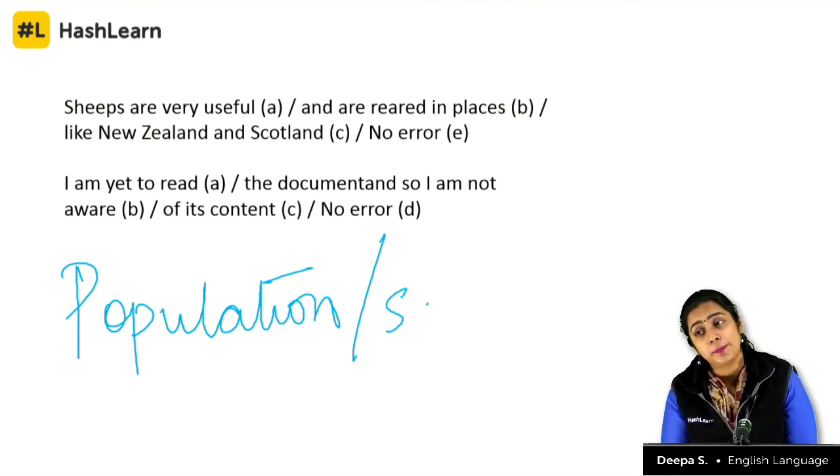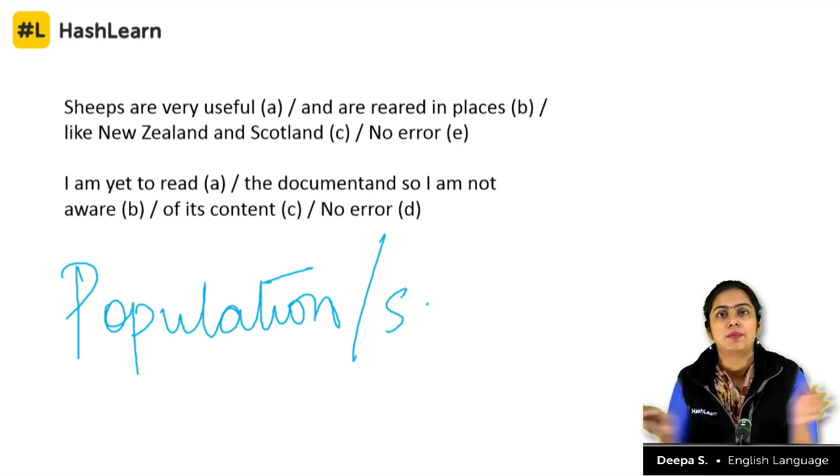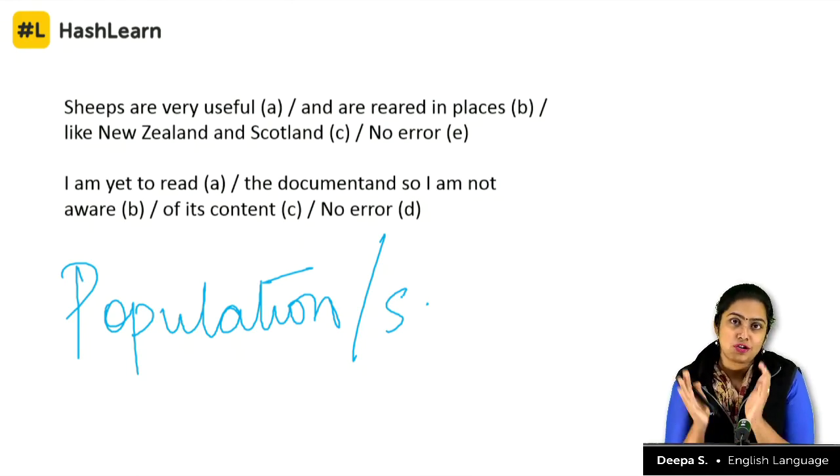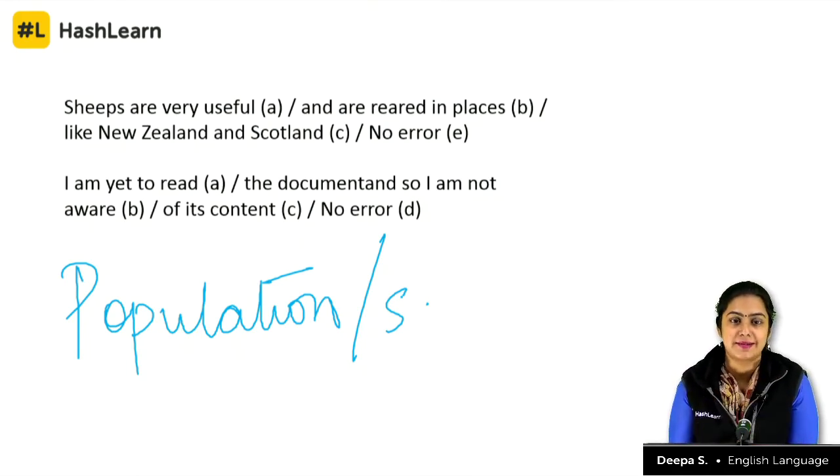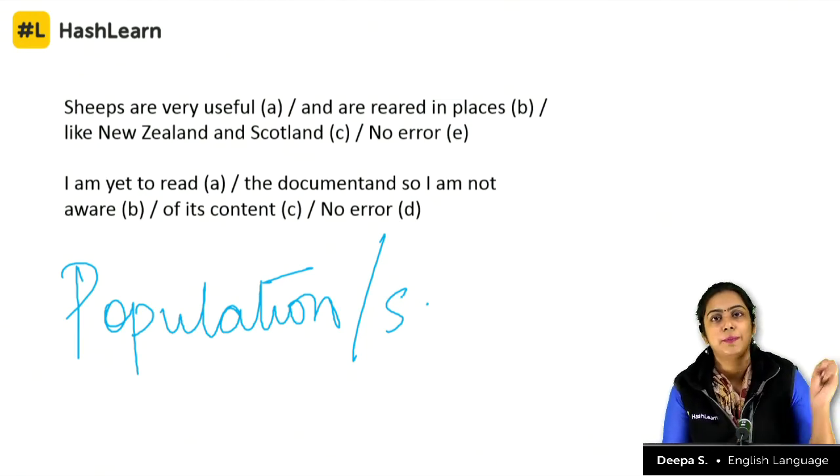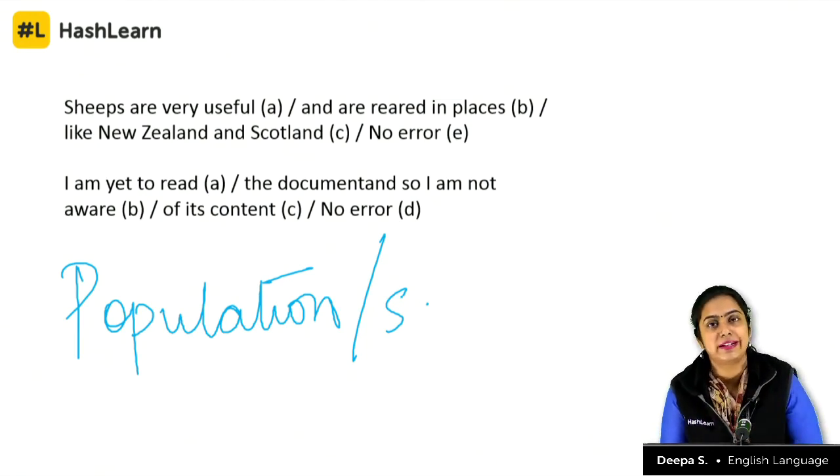Then I can say the populations of Africa and Asia. In this case, I talk of the population of Africa and the population of Asia, put together with the conjunction and. So in that particular case, yes, my usage of populations is justified.